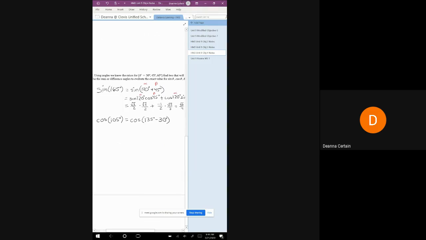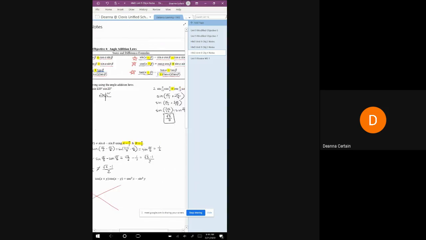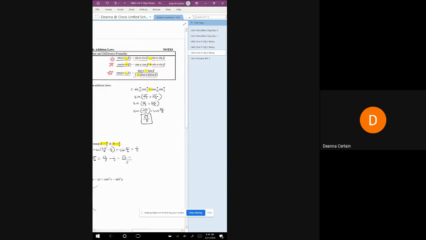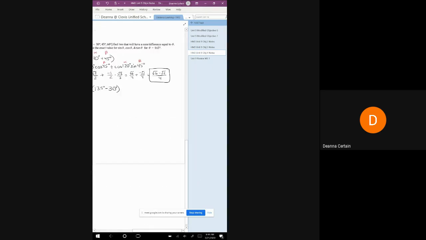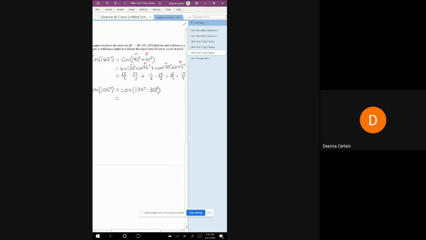Okay, and so for mine, if I'm doing cosine of 135 minus 30, I'm using the cosine subtraction formula, the middle one on the right up here. Cosine of alpha minus beta equals cosine alpha cosine beta plus sine alpha sine beta. Coming down here, that means my alpha is going to be 135 and beta is going to be 30.